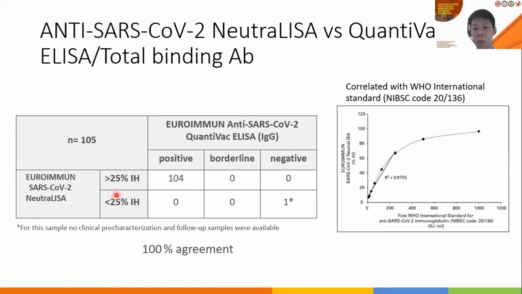This is seen with our internal correlation studies, whereby with patients with 200 or more BAU per mil total binding antibody, we see a high correlation of neutralizing antibodies within their serum, and this correlation data has shown an R-square value of 0.97. Thus, we know that people with a high amount of binding antibodies are also expected to have neutralizing antibodies within the serum.